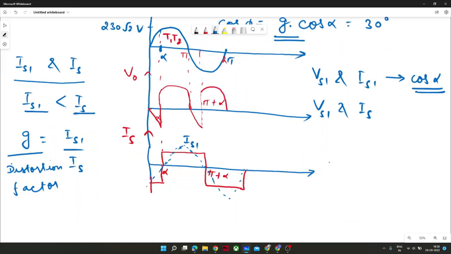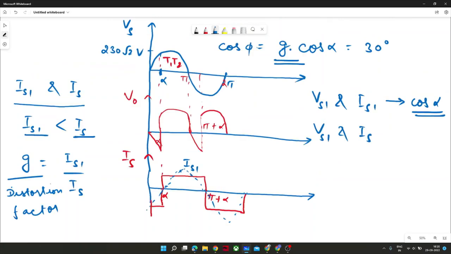Sir, please explain this again. Why do we multiply G? See, earlier this alpha was the angle between Vs1 and Is1, but we need a relationship between Vs and Is, right? So there is a relationship between Is1 and Is, and we are moving from Is1 to Is.